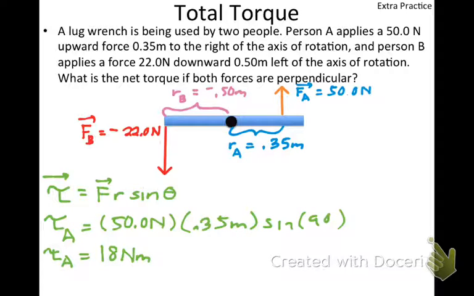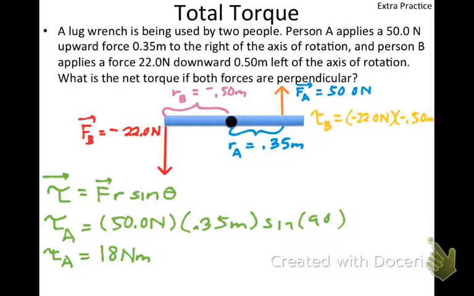If I move on to B, torque exerted by person B, I'll write it up here. Again, the force exerted by person B is going to be negative 22.0 newtons times the radius, which is also negative because it's to the left, negative 0.50 meters.